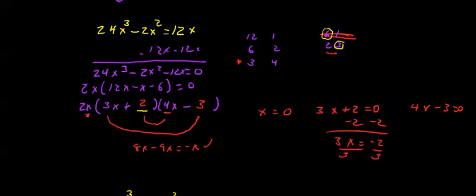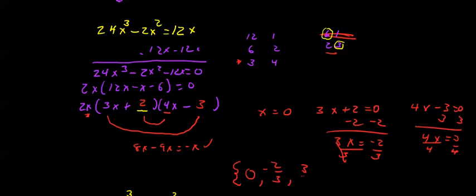Divide by 3. I got another answer. Add 3. 4x equals 3. Divide by 4. My answer then is 0, negative 2/3, and positive 3/4. Our first equation with 3 answers.